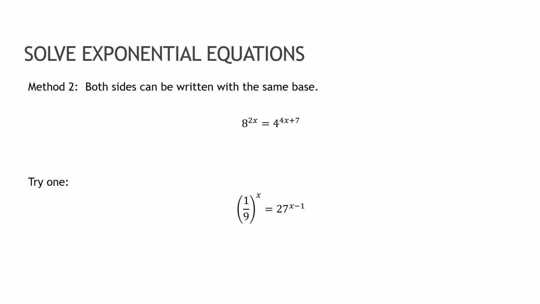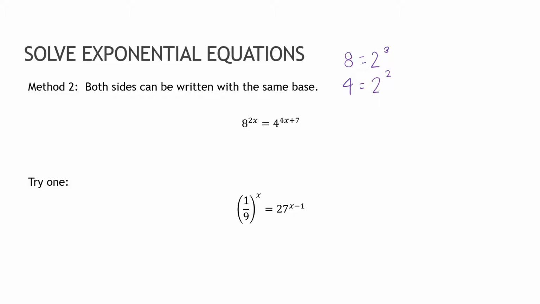Method 2 is like method 1. Some of you won't like it because you don't like dealing with exponents, but unfortunately it's a fact of life. What will happen here is I know that I can write 8 as 2 to the third, 2 times 2 times 2, and I know I can write 4 as 2 squared.